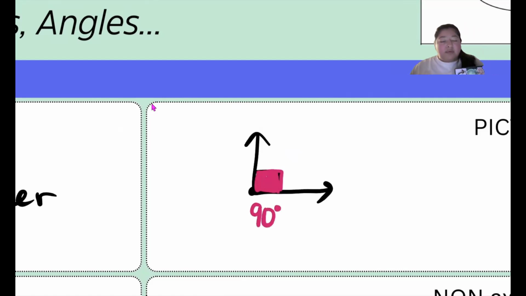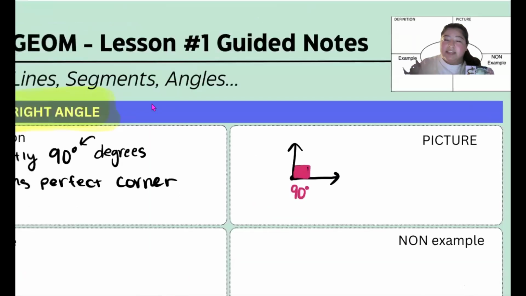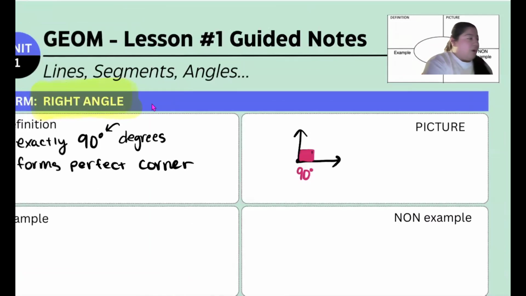If we think we see a right angle, but it doesn't have that square corner, we cannot assume that it's a right angle. Because in geometry, we cannot assume if we do not have specific symbols. So right angle, this is an example here, forms a perfect corner.